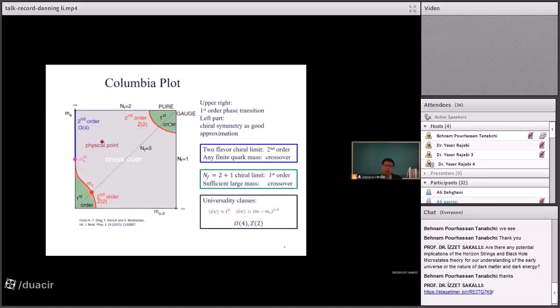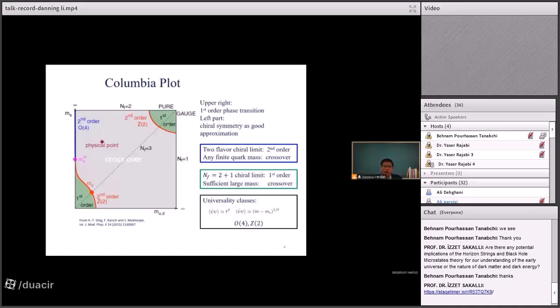In this plot, the horizontal axis represents the up-down quark mass, and the vertical axis represents the strange quark mass. In the upper right corner, when all three flavors become heavy, the lattice works quite well, and it gives a first order phase transition.